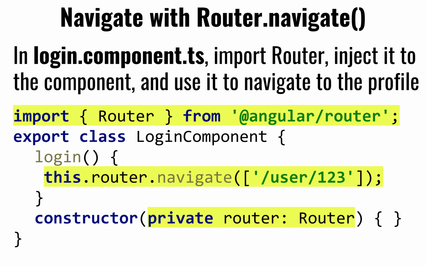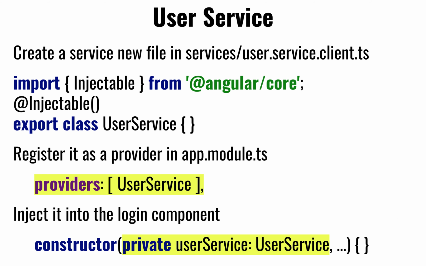Presumably 123 will be the ID of the user who's logging in. Presumably we went out to a server and verified that this username and password's ID is 123, and now we want to navigate to somebody's profile. So we're navigating there, and the profile navigation would be mapped to /user/ and the ID of some user.